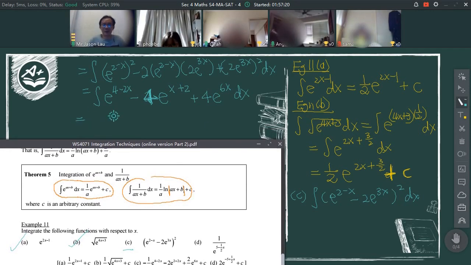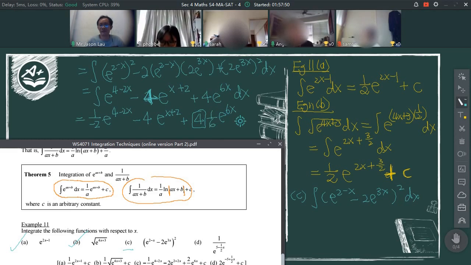Then after that, just integrate, copy the term, differentiate. It is -2, you reciprocate it. Then copy the 4, copy the e term, differentiate x plus 2 is 1, so no effect, no need to do anything. Then move on to the last one, 4. Then you copy the 6x term, then 1 over 6 because of the differentiation.